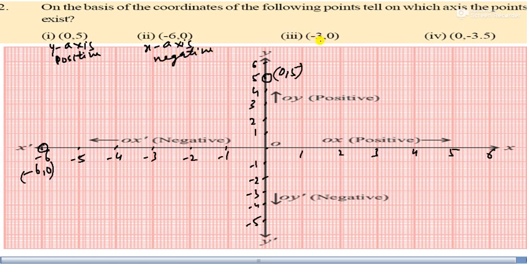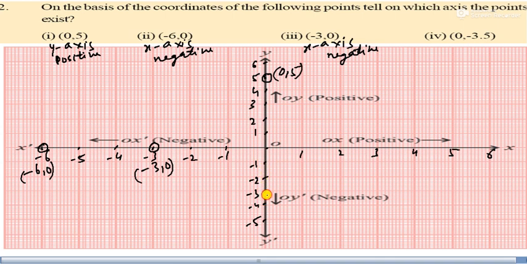Now it is (-3, 0). -3 is, you can see here, this one, and 0 is here. So it is (-3, 0). It is also on the x axis negative side. And it is (0, -3.5). So (0, -3.5) is here.